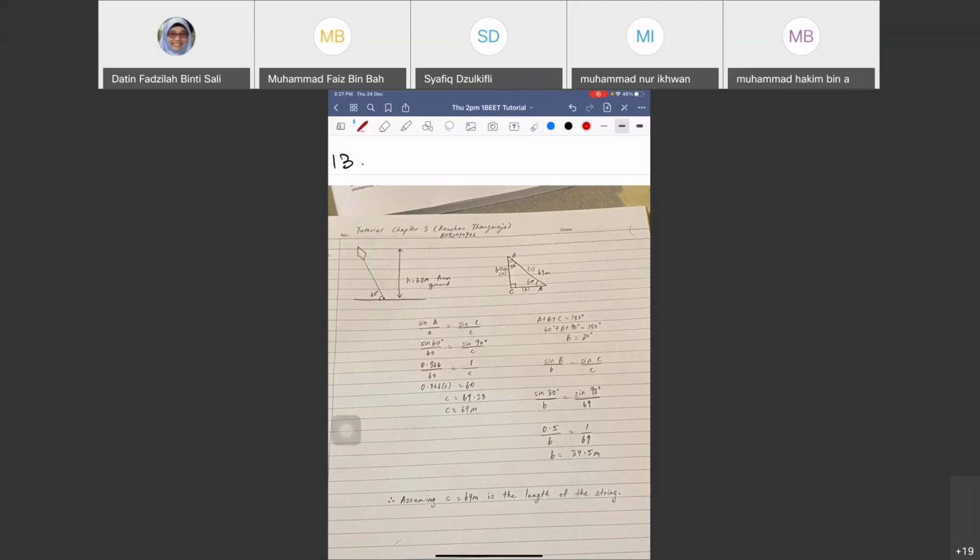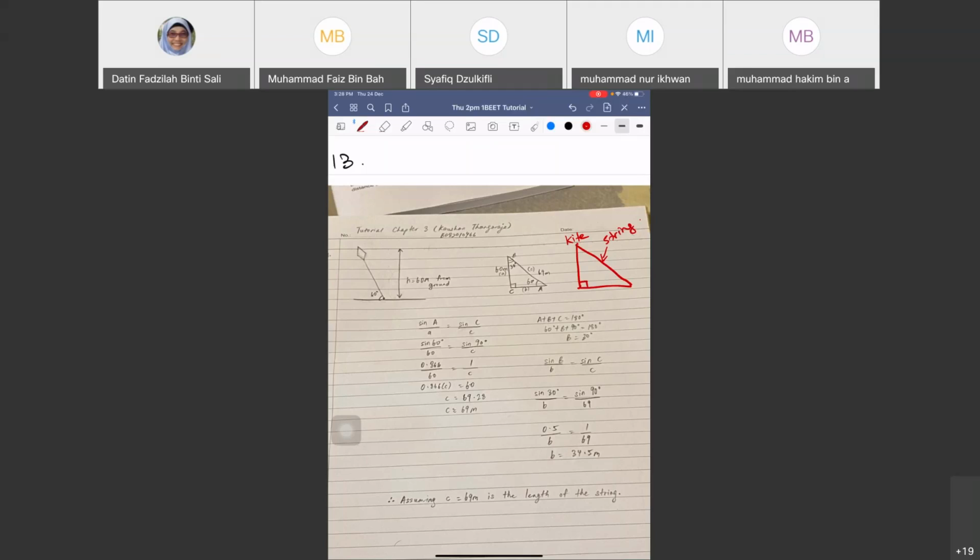So if we look at this diagram, you just have a right angle triangle. So this is the kite here. Let's say this is the kite. This is a right angle triangle, and this is the string.